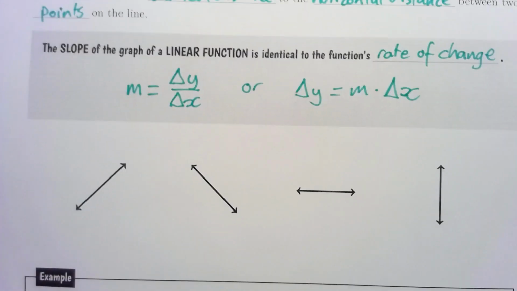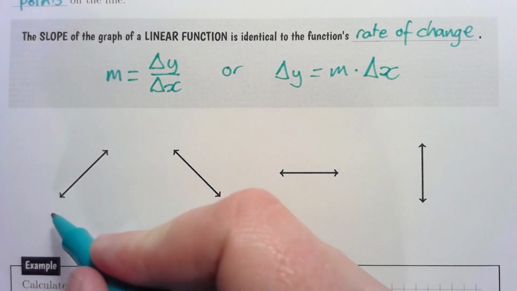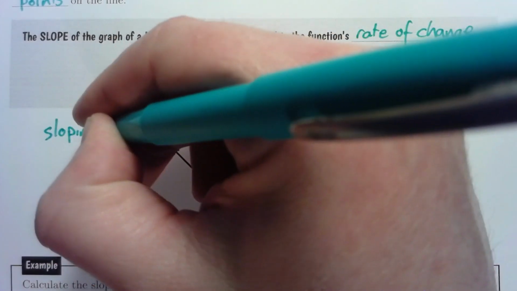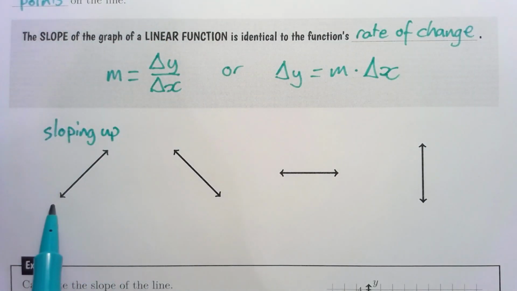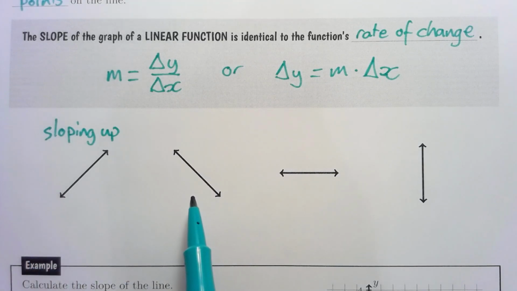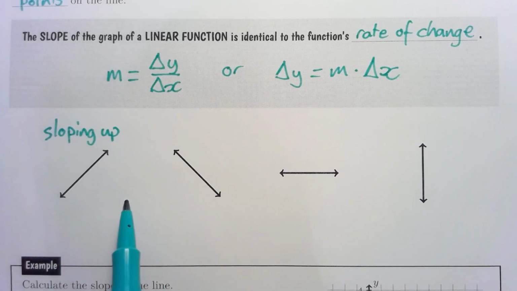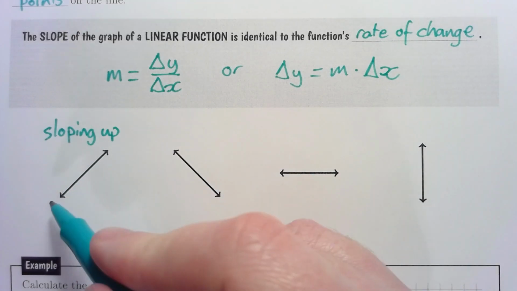Let's look at some examples of lines and see how we can generalize this. So if we have a line that's sloping up like this, now you might argue, well, there's an arrow on both ends. How do we know which way is up? Well, we always take our lines going from left to right, because that's what represents an increasing input. So for this, our input is increasing. At the same time, our output is also increasing.